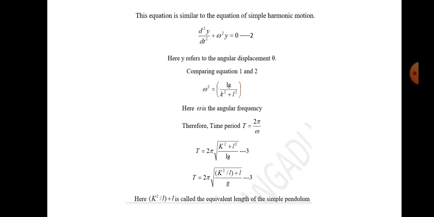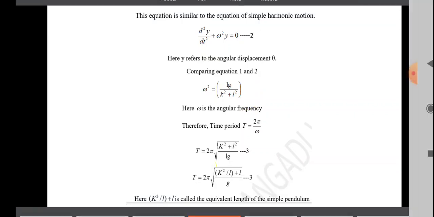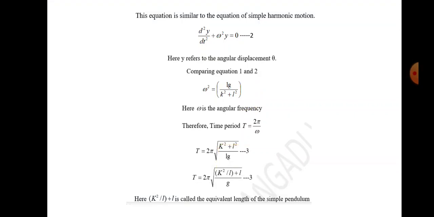As we already know, the time period T is equal to 2 pi by omega, but here we have omega square, so I need to substitute only omega. Omega is equal to the square root of Lg by k square plus L square. Keeping 2 pi as it is, with omega in the denominator, k square plus L square goes to the numerator, so T is 2 pi into the square root of k square plus L square divided by Lg.